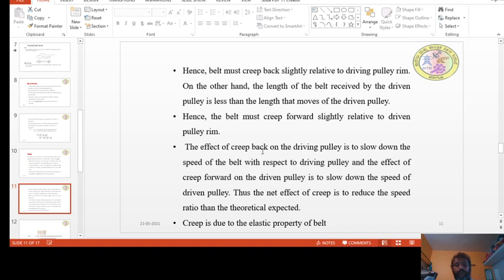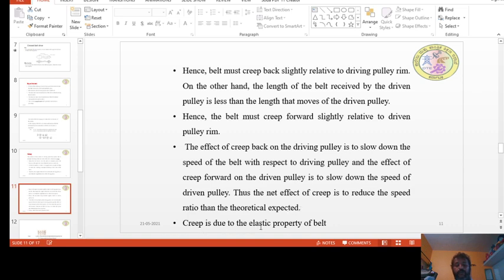The effect of the creep back on the driving pulley is to slow down the speed of the belt with respect to the driving pulley, and the effect of the creep forward on the driven pulley is to slow down the speed of the driven pulley. Thus, the net effect of creep is to reduce the speed ratio below the theoretically expected.